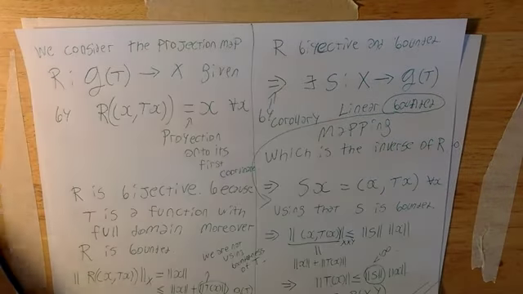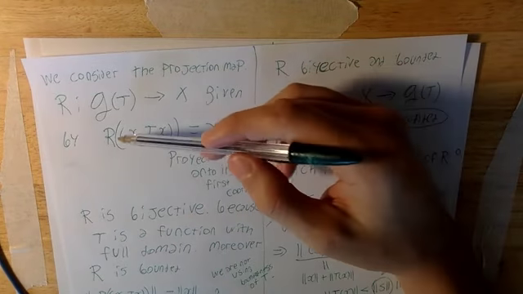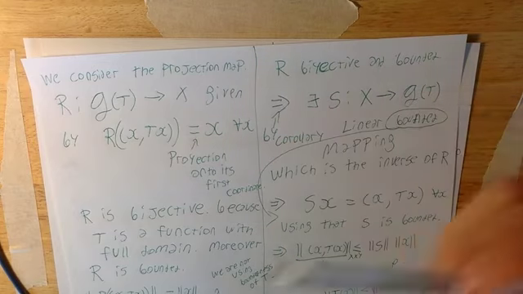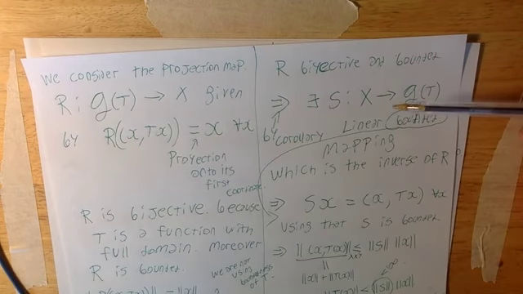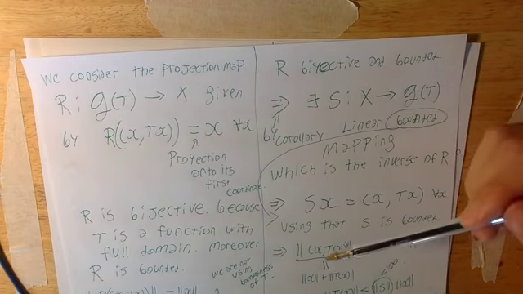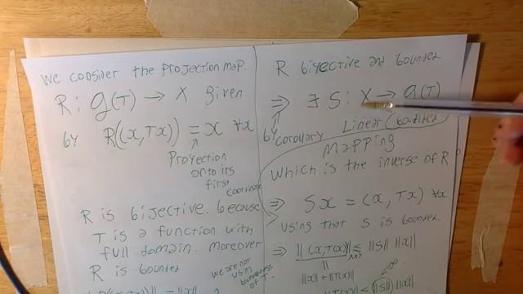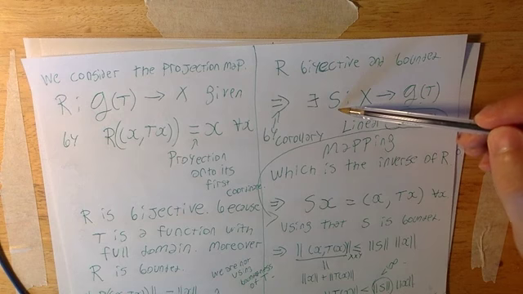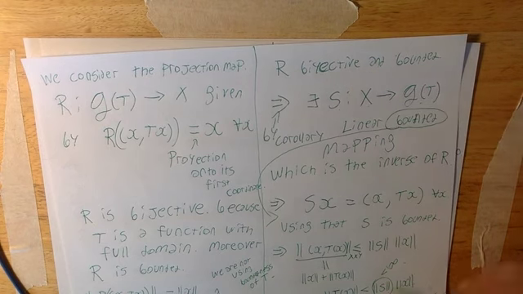Then we can take the projection and realize that this projection is a bijective continuous function. So then if we have a bijective continuous function, we have an inverse going from X to G of T. Now the norm of this inverse controls the norm of T of x. And this is what we're saying here.